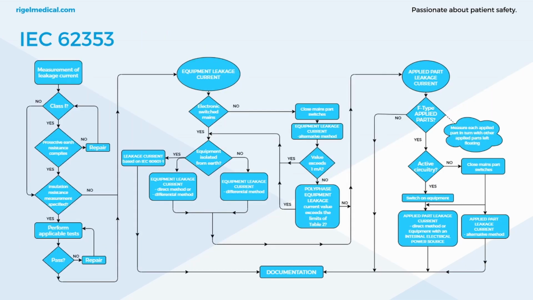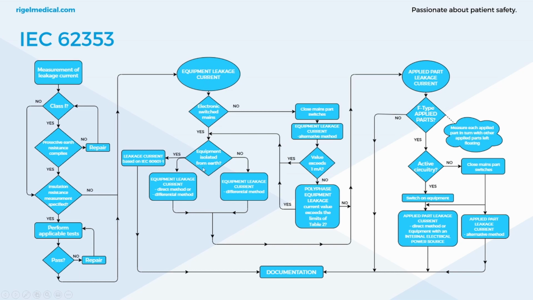And this is the measurement of leakage currents. It's a flow chart that's found in IEC 62353, and that provides the leakage methods for the most commonly found pieces of equipment. And this is non-permanently installed Class 1 medical electrical equipment. Note that equipment leakage current based on IEC 60601 can be performed if the criteria follows this path.